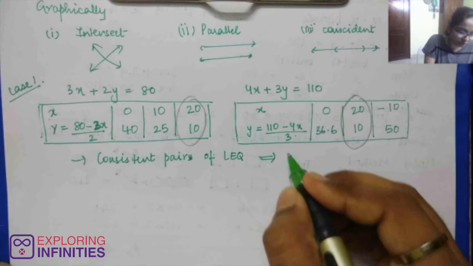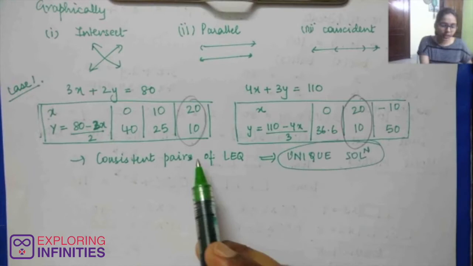So this is our first case, using Tom and Dana's example, where we saw that we have a consistent pair of linear equations which gives me a unique solution, that is the common point of intersection using my graph, that is 20 comma 10. So let's see another example, our next example.